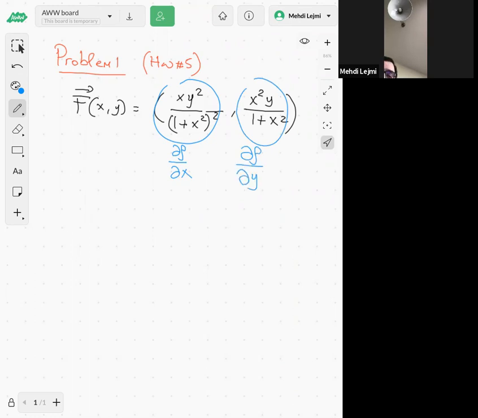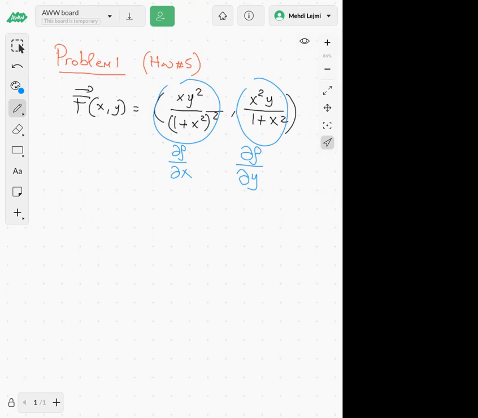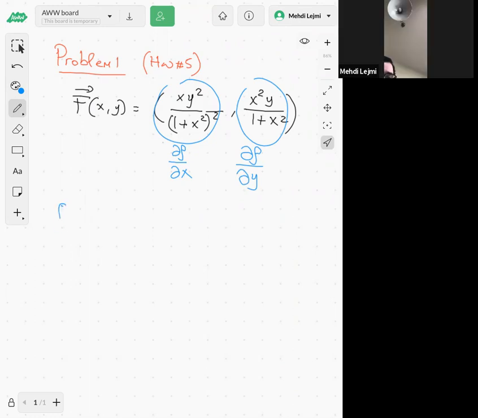You integrated the first equation with respect to x, so it's x y squared over 1 plus x squared. Probably better to write it as x y squared times 1 plus x squared to the negative 2. Anyway, you have to integrate this with respect to x.